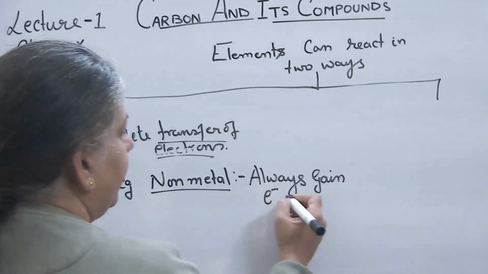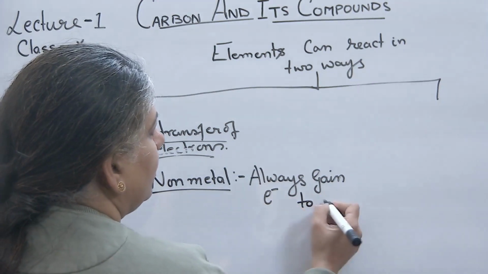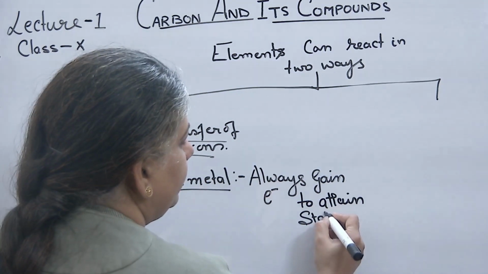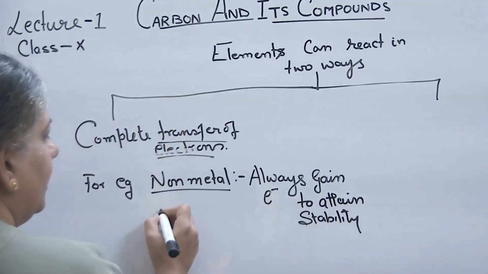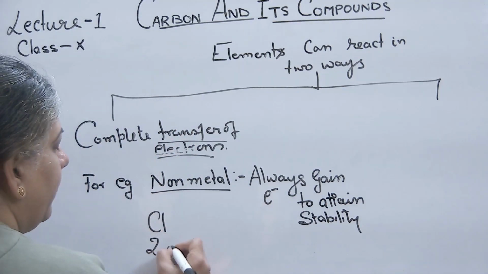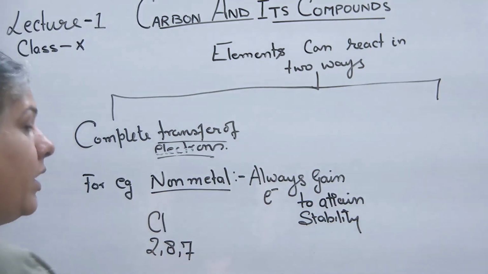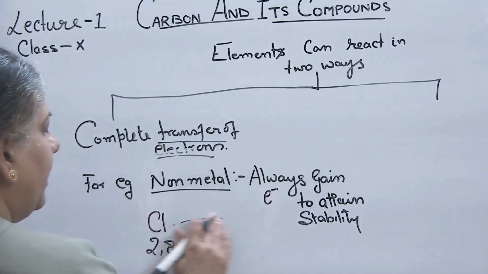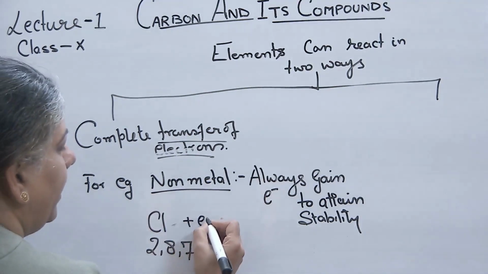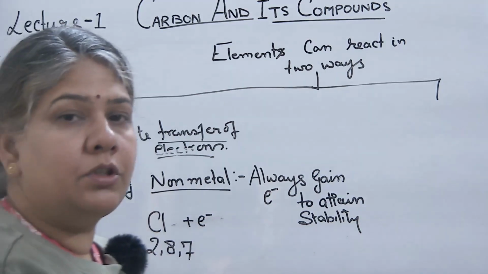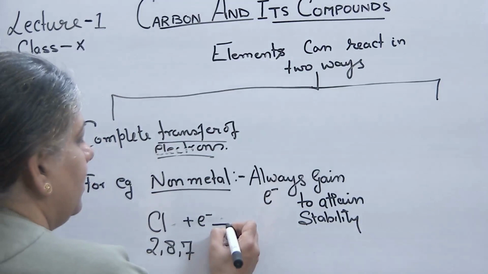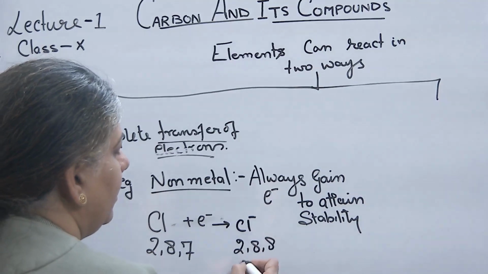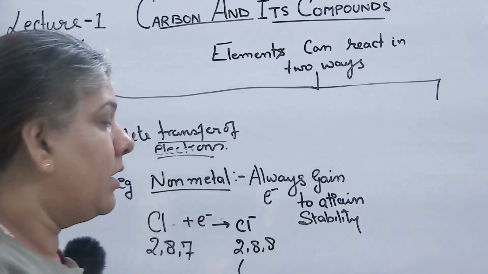So non-metals always gain electrons to attain stability. Like chlorine, atomic number is 17, electronic configuration is 2,8,7. So chlorine will gain one electron, or it will add one electron to its outermost shell. Hence, it will form an anion, 2,8,8. So this negatively charged particle is an anion.